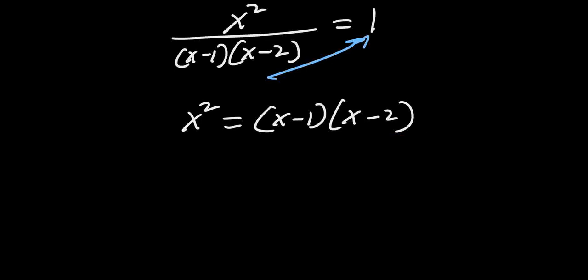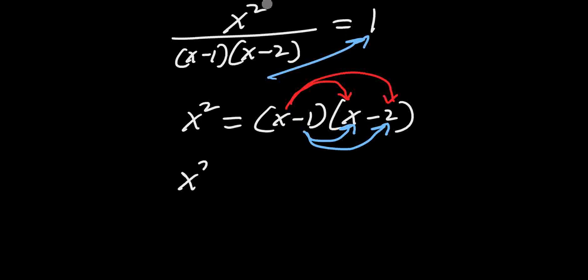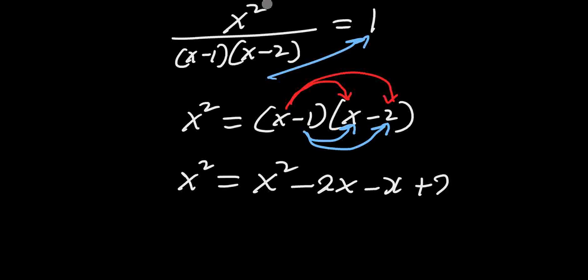And now we can simply expand this by using this x to multiply this, and also using it to multiply this too, and also using this -1 to multiply this, and also using it to multiply this. So this will become x squared is equal to x squared, because x times x is x squared, and x times -2 is -2x, and -1 times x is -1x, and -1 times -2 is positive 2.